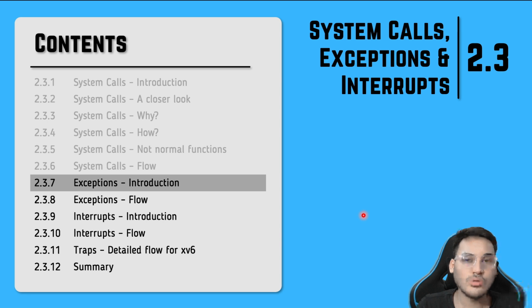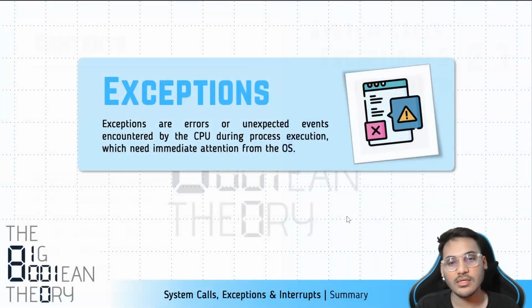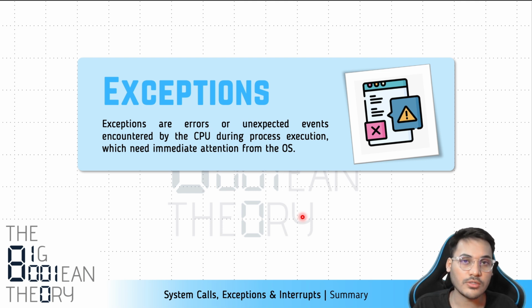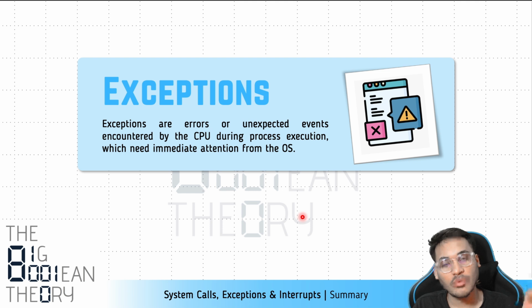After talking about system calls, we shifted our attention to the next type of events, that is exceptions, right? So basically, we said that exceptions are errors or unexpected events that are detected by the CPU when executing the current process. When the CPU detects an exception, it immediately transfers control to the operating system, and the operating system immediately needs to deal with this exception.